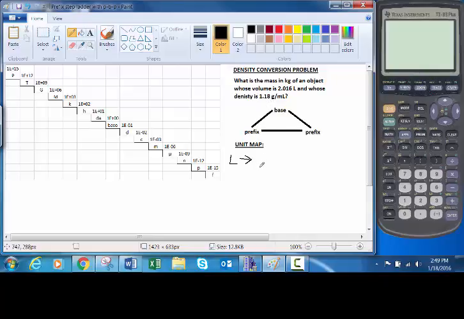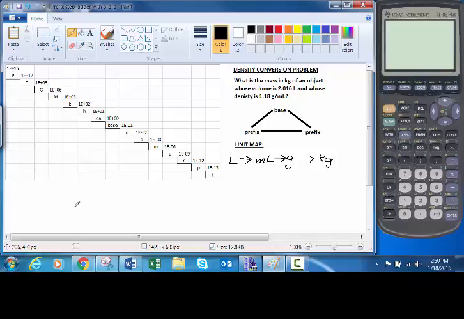So the next unit that we need to change our liter into is milliliter. Density is how we are going to relate gram and milliliter. So gram is going to be the unit that we write next, and ultimately the question is asking us for kilograms. So kilograms will be our last unit.